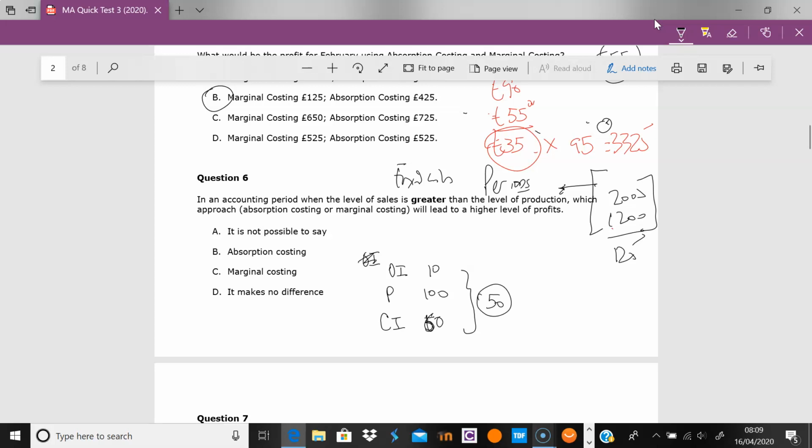Remember, in absorption costing, this closing inventory includes, for example, those fixed costs, as opposed to marginal costing, where it didn't. So imagine this 60 was times 75 for absorption, but for marginal, it was times 55.